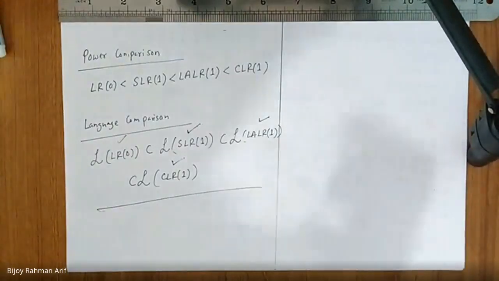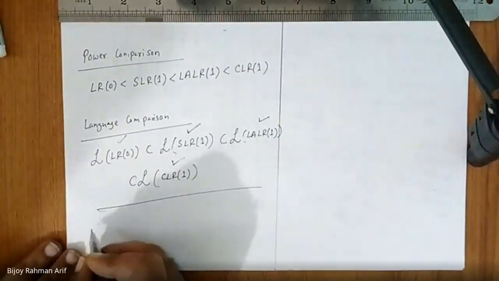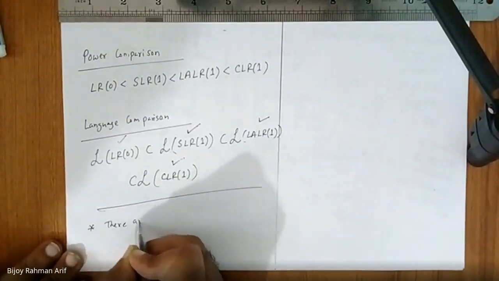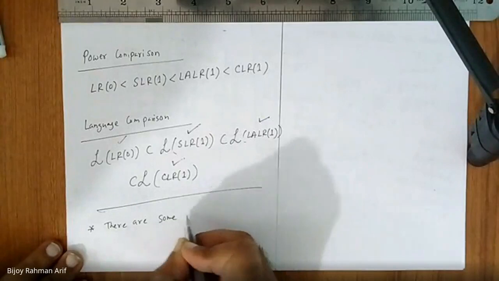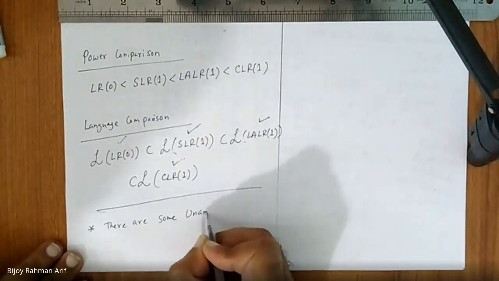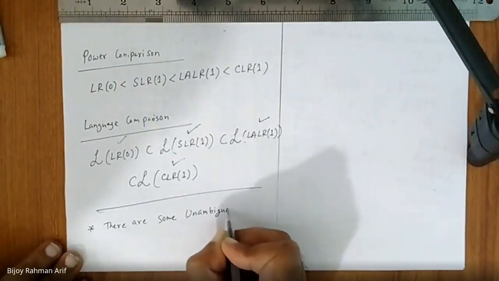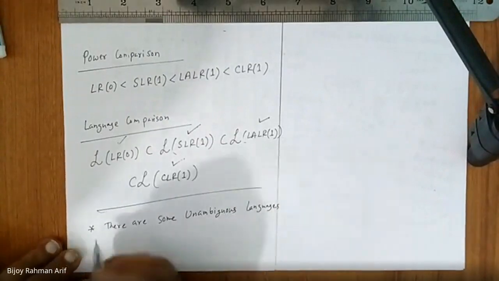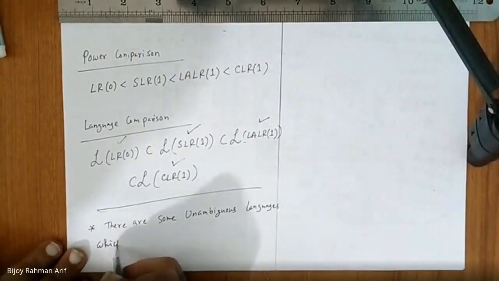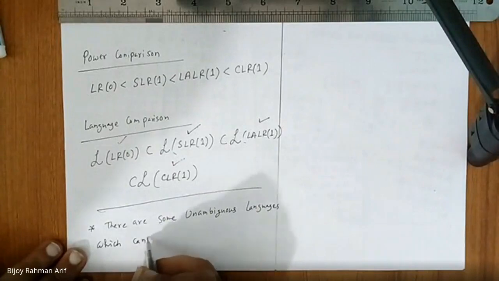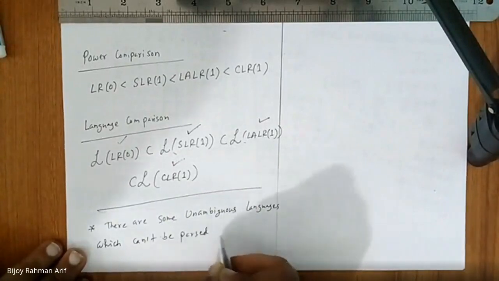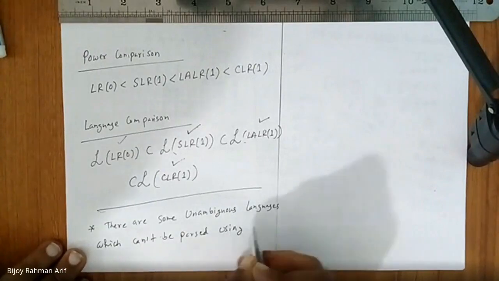Okay, and there are some unambiguous languages which cannot be parsed using CLR1 even.